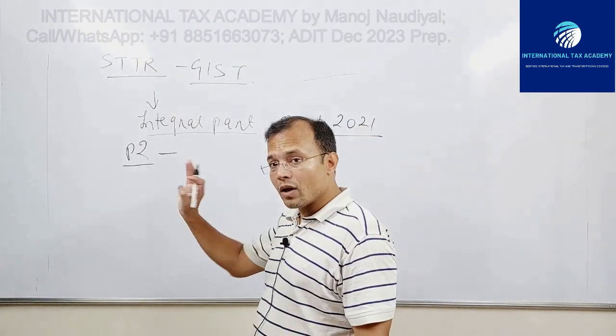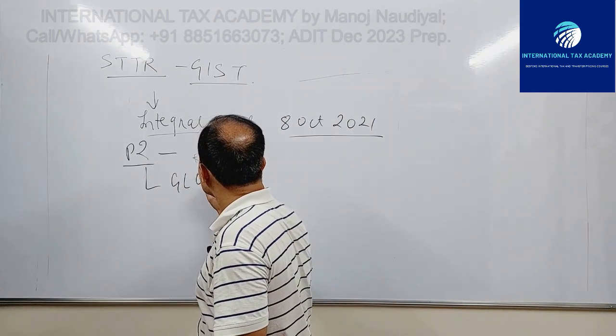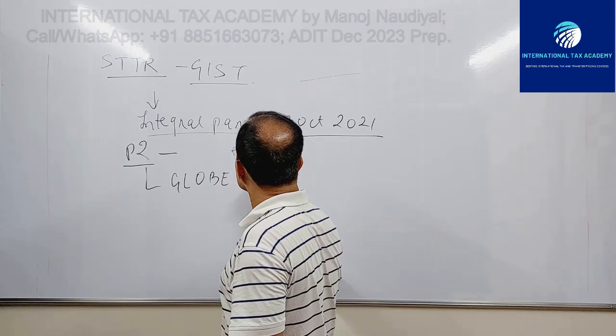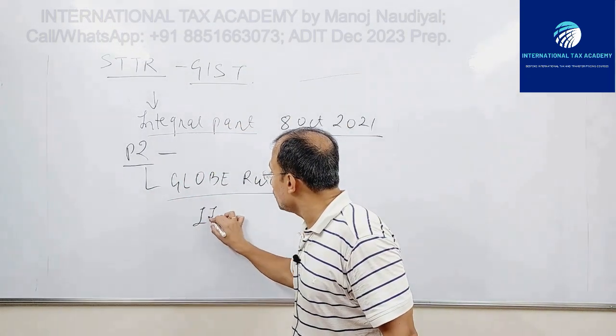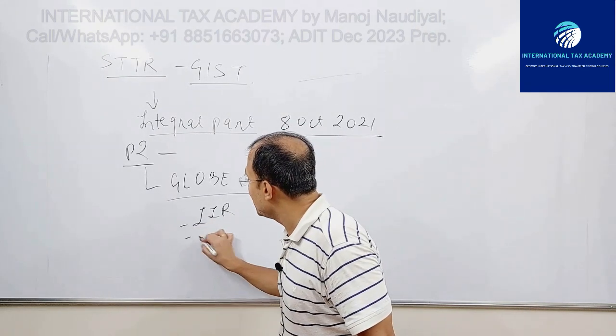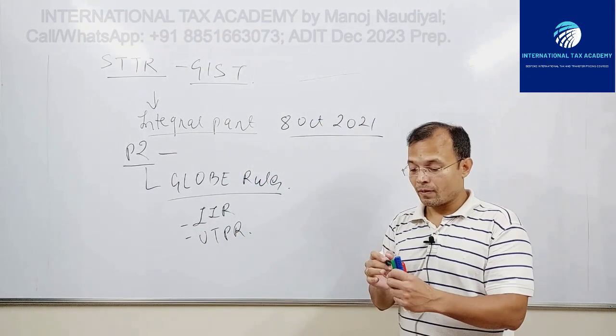Now, Pillar 2 consists of certain rules. Pillar 2 consists of globe rules, income inclusion rule, and under tax profit rule, UTPR mainly.